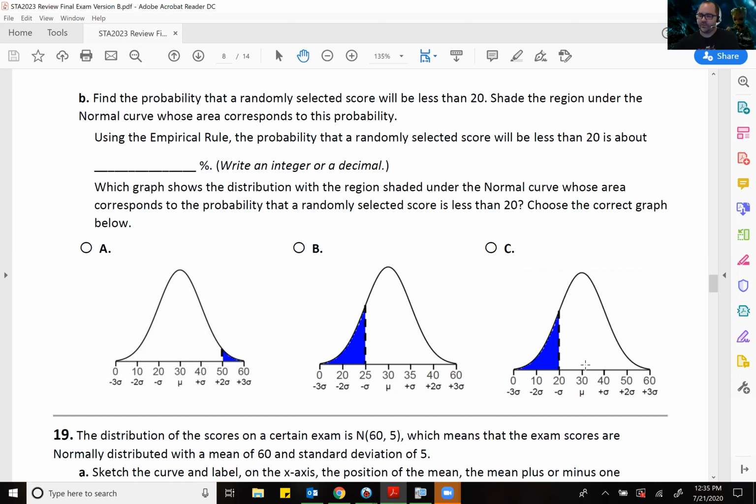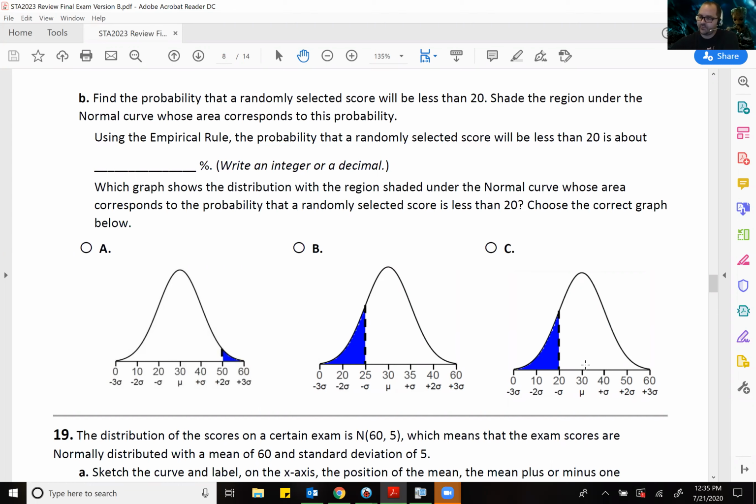All right, so let's go ahead, and I'm just going to draw that up real quick. Mu, 1 sigma, negative 1 sigma. Sorry, this is taking a couple seconds.